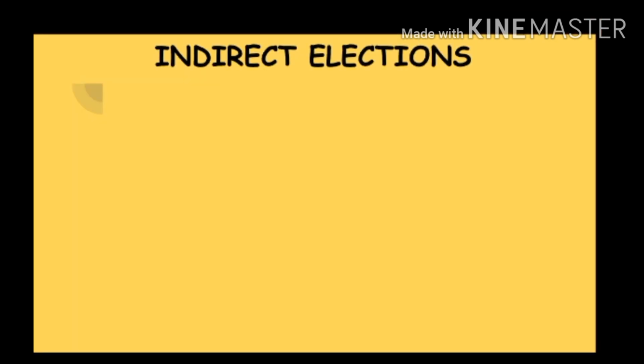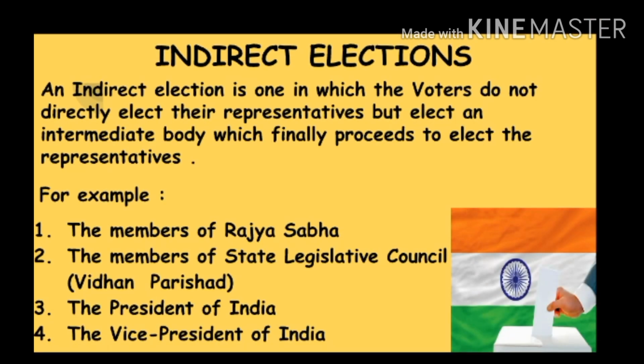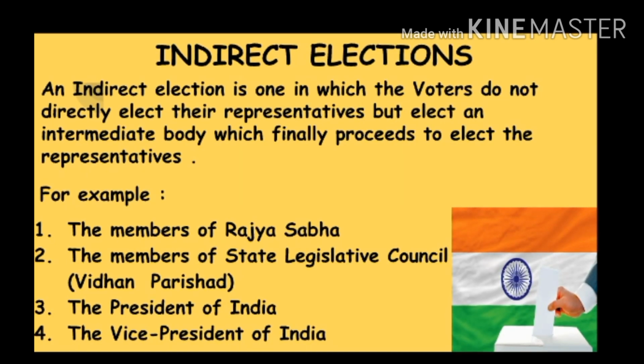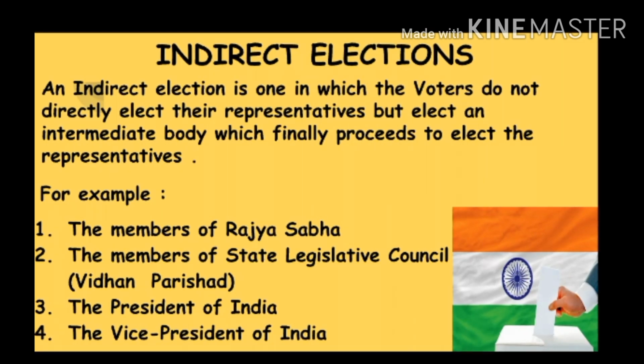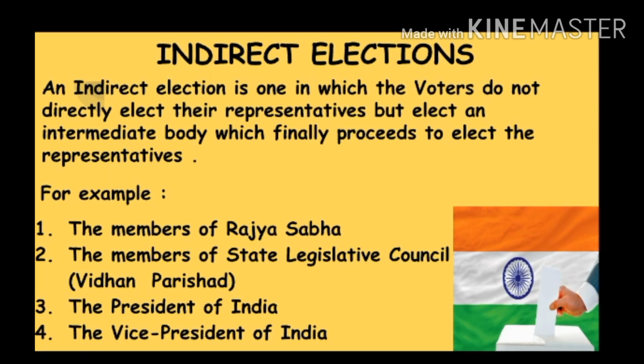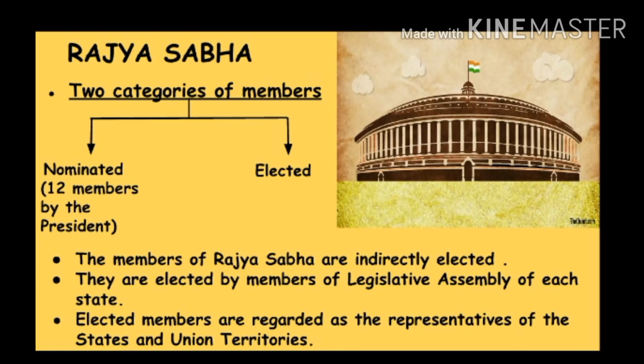Indirect election. Indirect election is one in which voters do not vote to elect their representatives but elect an intermediate body which elects the representatives. To make it more clear, let's take some examples. The members of the Rajya Sabha are not elected by the people directly.